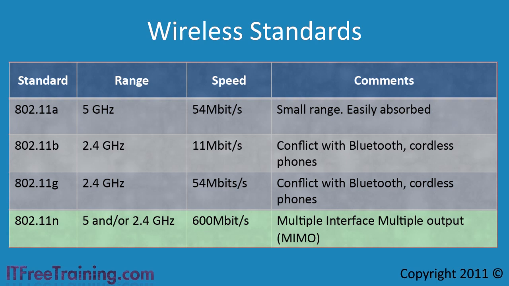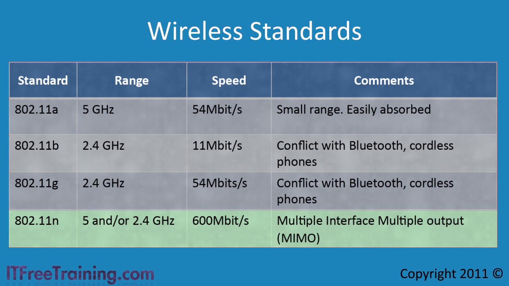First, to achieve this speed, it uses a technology called MIMO. This stands for Multiple Input, Multiple Output. This basically means that it will transmit over multiple channels at the same time. You can tell a wireless access point that is using the N standard, as generally they have more than one antenna on the device. A lot of network devices on the market that use the N standard state that they operate up to 300 megabits.